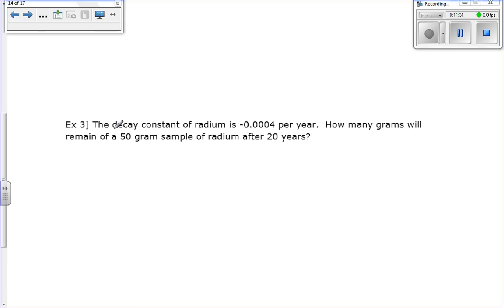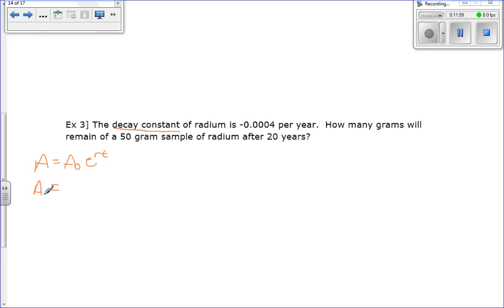Anytime you see a question that says decay constant, this is a half-life, so we need to use A equals A0 e to the rt. Because something that's decaying like this, like an element, will decay continuously. It doesn't stop after a certain amount of time. It won't only decay during the day, or only decay at night.